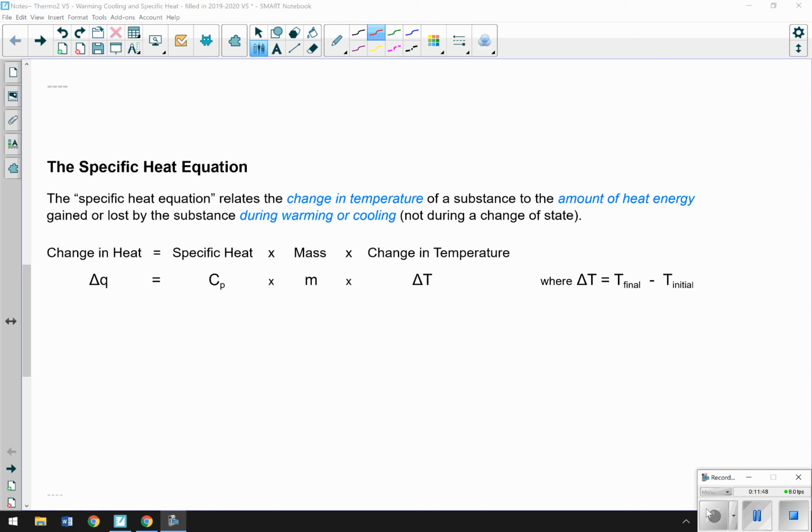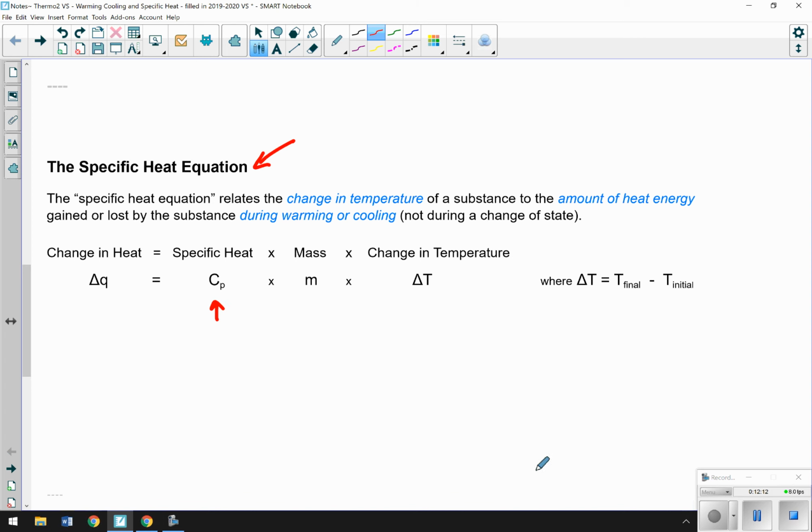And so now that we've described that, let's look at the mathematical relationship between heat, temperature, specific heat, and obviously mass, because the more mass you have, the more energy it's going to take. So you can put this together into an equation, and it's called the specific heat equation because it contains the specific heat in it.